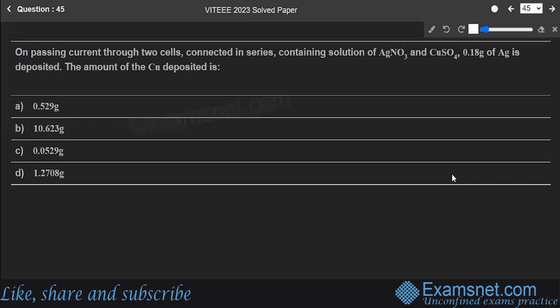Question number 45. On passing current through two cells connected in series containing the solution of silver nitrate and copper sulfate, 0.18 gram of silver is deposited. The amount of copper deposited is? To answer the question, I'll be using Faraday's second law of electrolysis.